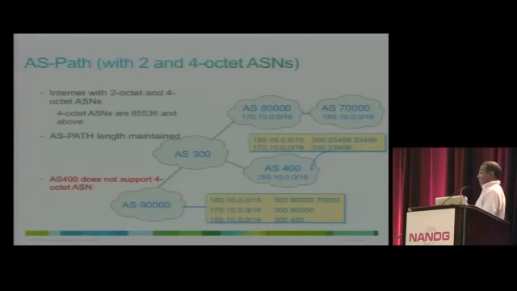AS300 understands 4-octet ASN, but a router within AS400 doesn't understand a 4-octet ASN, in which case the advertising router will replace the 4-octet ASN with a 2-octet specific ASN number, which is 23456. As you can see, for prefix 180.10.0.0/16, the 70,000 and 80,000 are replaced by 23456. So you see 23456 twice because of that.